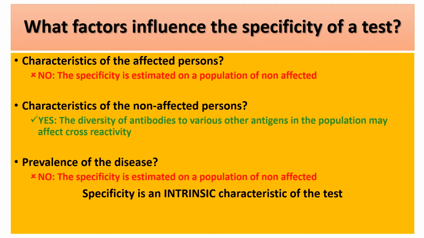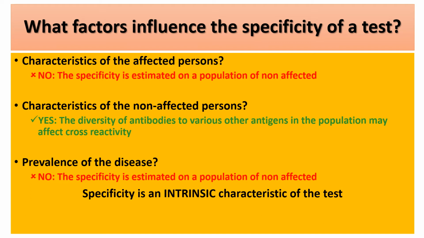Again, about the specificity, we can ask what factors can affect the specificity of a test. Can characteristics of the affected persons affect the specificity of a test? The answer is no, because the specificity is estimated on a population of non-affected persons.